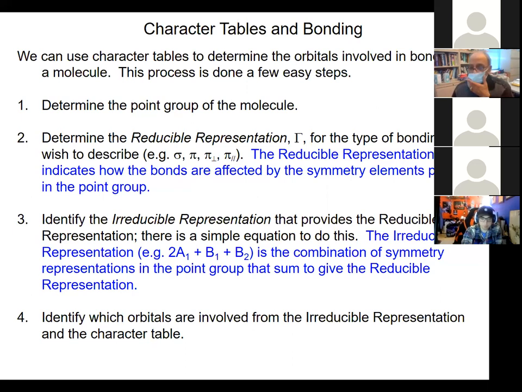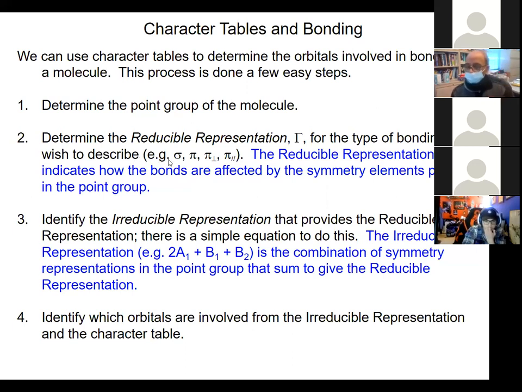Then you need to keep the character table corresponding to that point group on your left-hand side. And then you need to build what is called a reducible representation, tau, for the type of bonding you wish to describe.